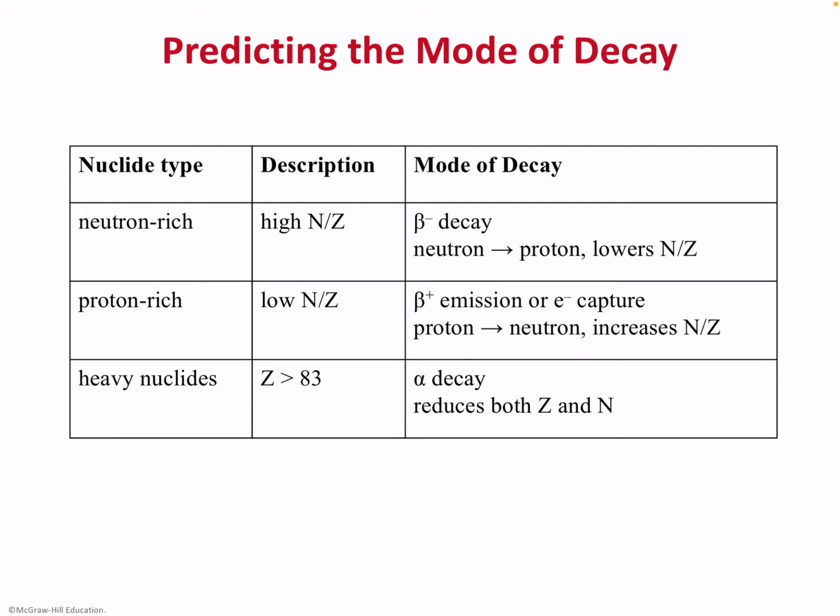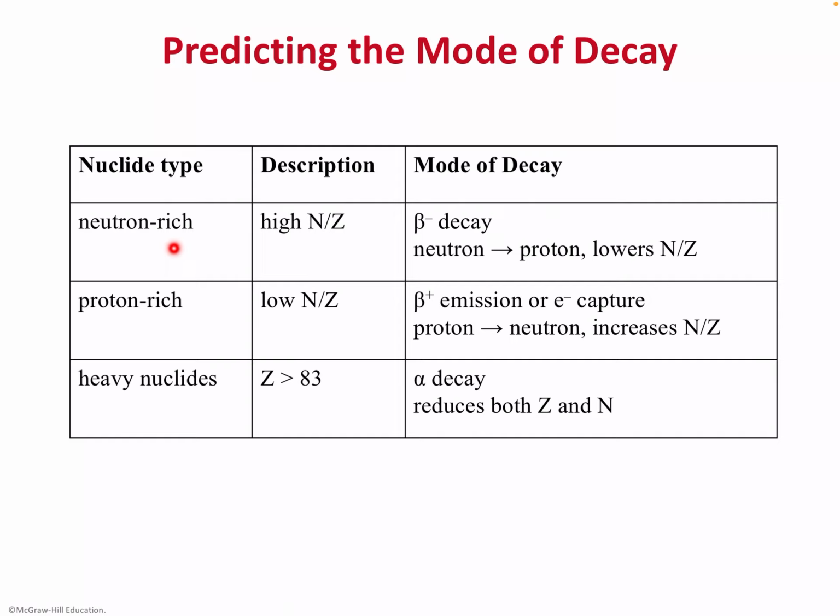Now these radioactive elements undergo decay and become a stable element again. So let's look at how they are going to decay. What is the decay process? We can look up, based on whether it has more neutrons or protons or is a heavy nuclide, to determine the mode of decay.